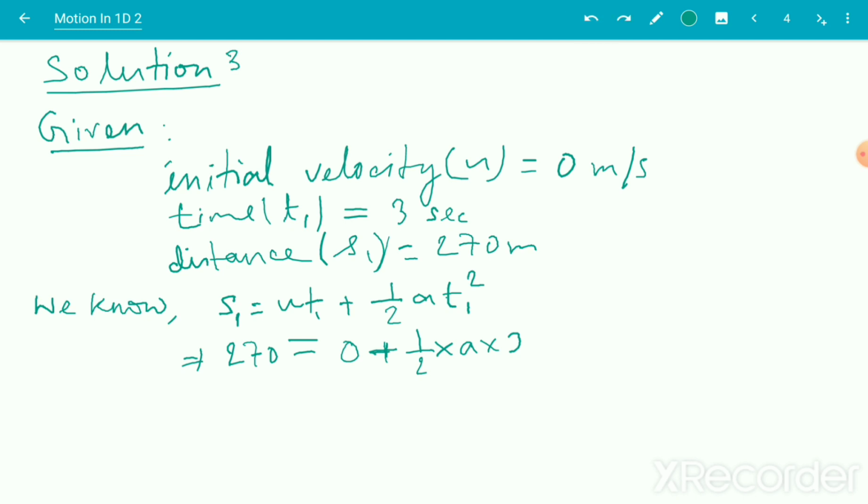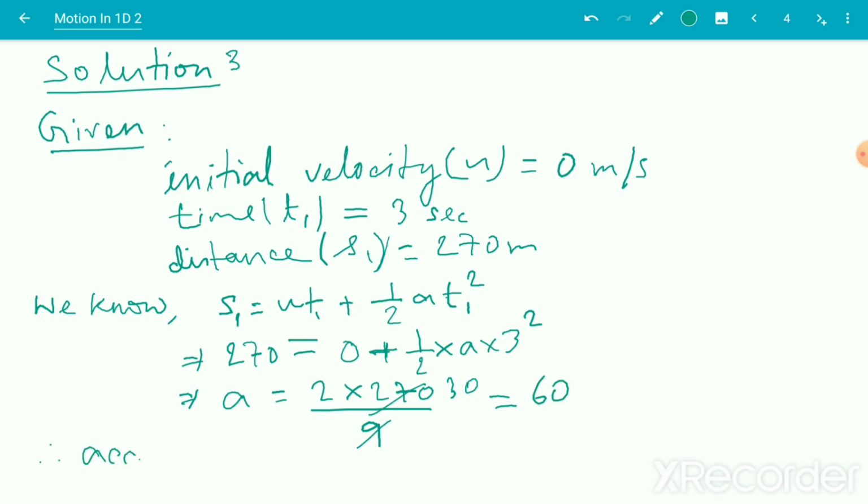Now a will be equal to 2 into 270 by 9. So this reduces to 30, so it's 60. Therefore acceleration is 60 meter per second square.